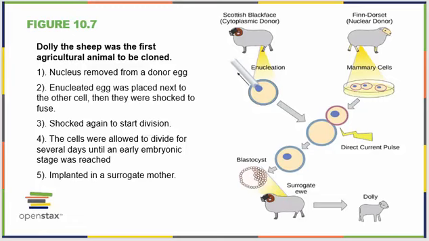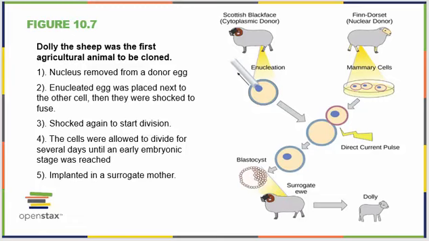The cell is then shocked again, so the cells must start division. Cells are allowed to divide for several days until an early embryonic stage is reached. This early embryonic stage, known as a blastocyst, is implanted in a surrogate mother, and she's allowed to undergo pregnancy as per usual. This implantation process is similar to what you hear about in traditional IVF.